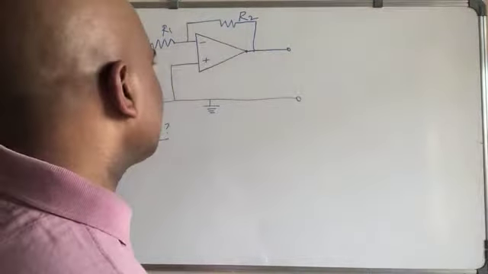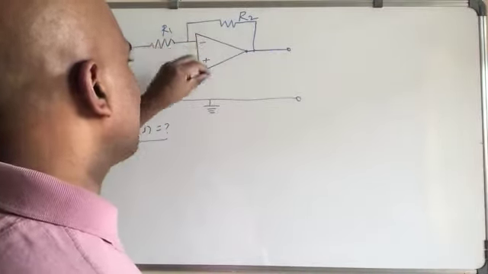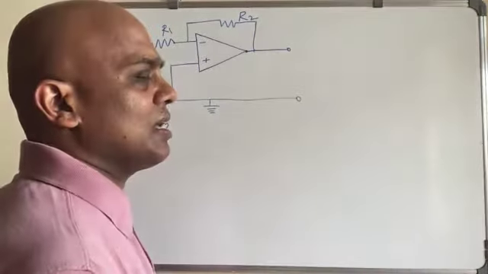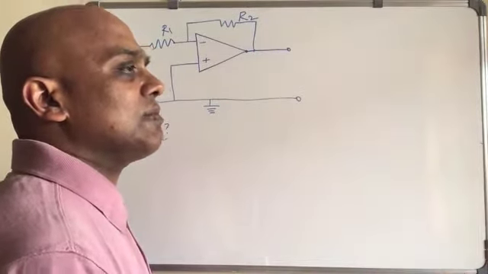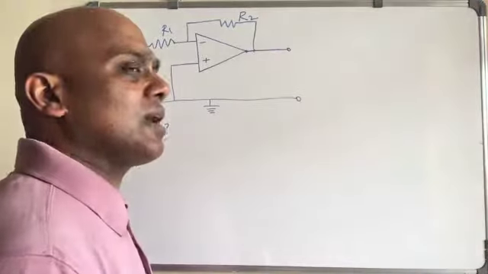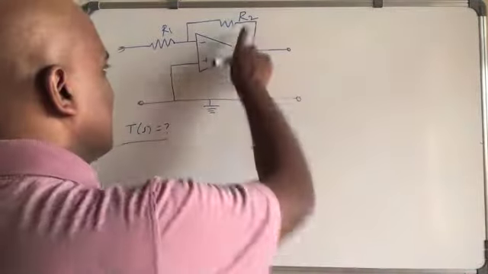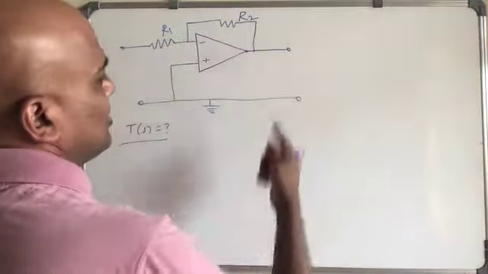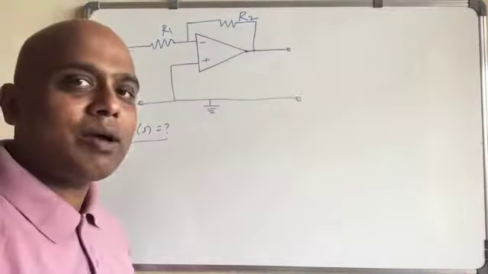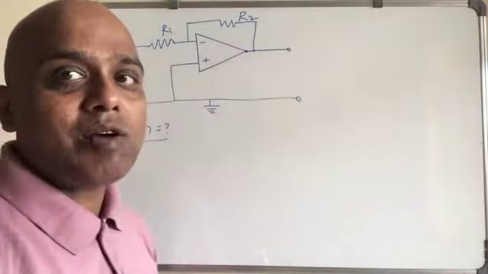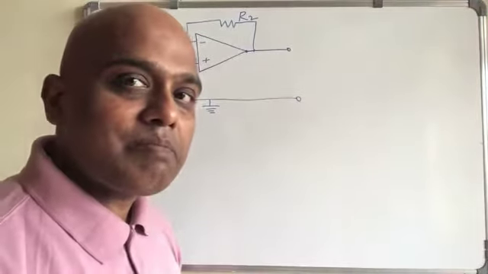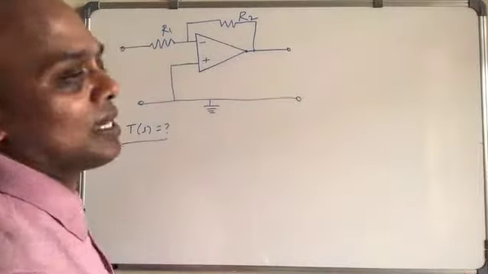This is the circuit with which you can control that. You can make a circuit where the output is always 5 times the input. How to do it? You can change the values of R1 and R2. That's what we are going to find out. And what is the motivation? Because you can use that in your control system.